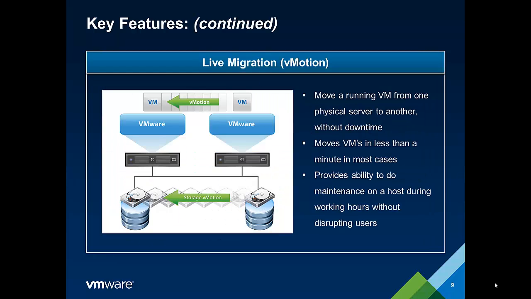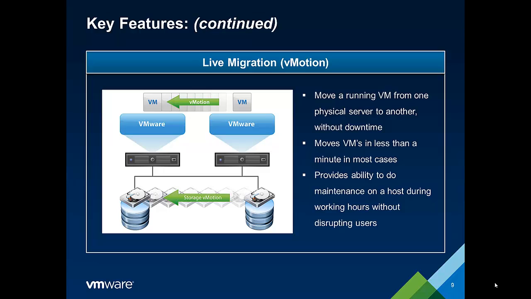Another key feature that it uses when it is moving the virtual machines is VMotion. This gives you the ability to basically move a VM while it's up and running. Now, HA was more in a failure type situation where the VM had failed.